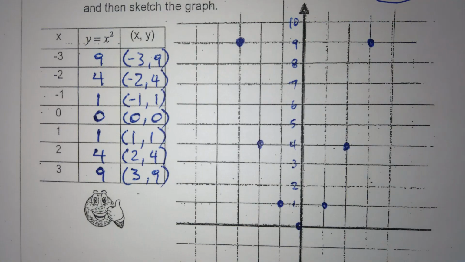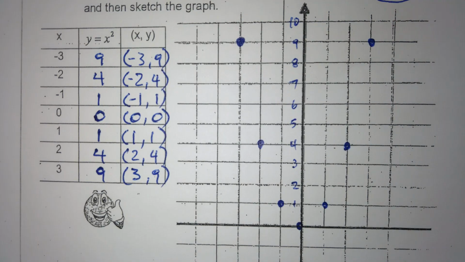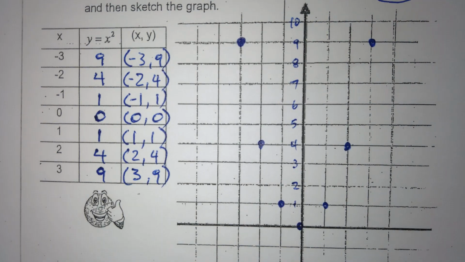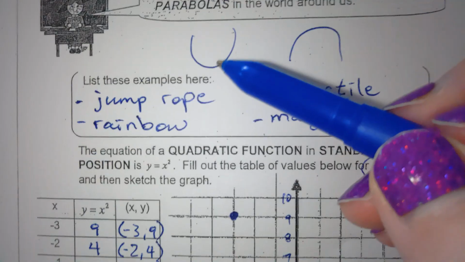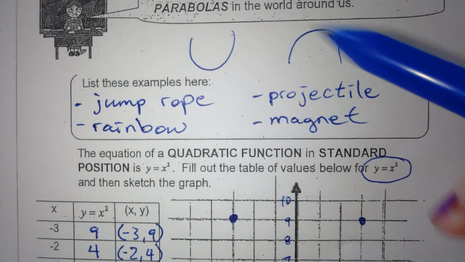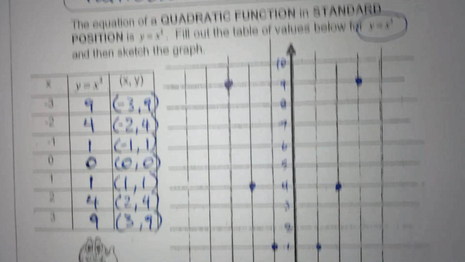So should I take my ruler out and connect the dots? Why not? It's not supposed to be straight. What did we just say? I'm looking for this shape, like a jump rope, a rainbow.